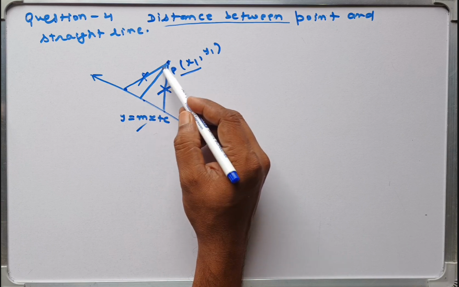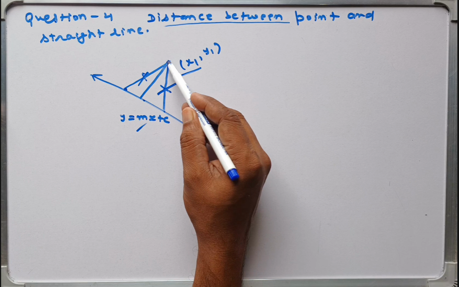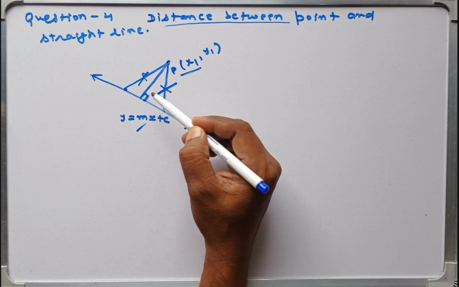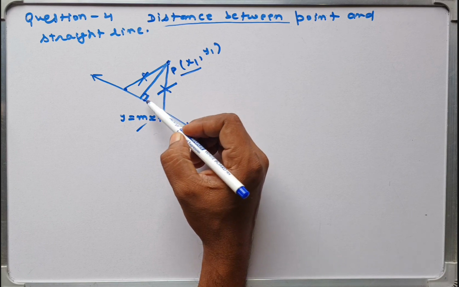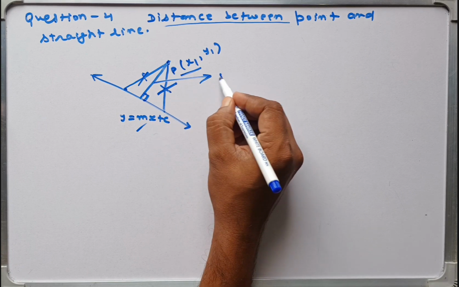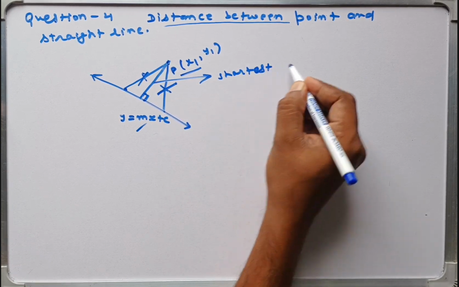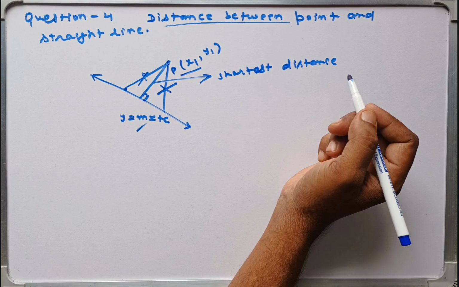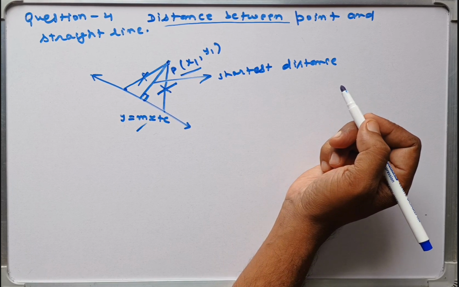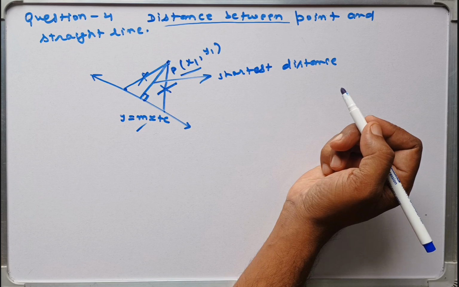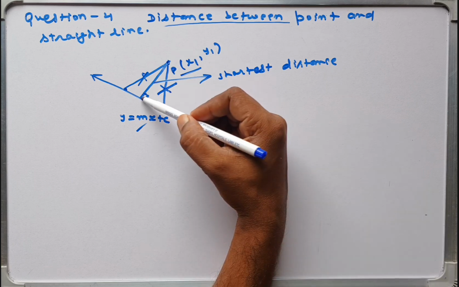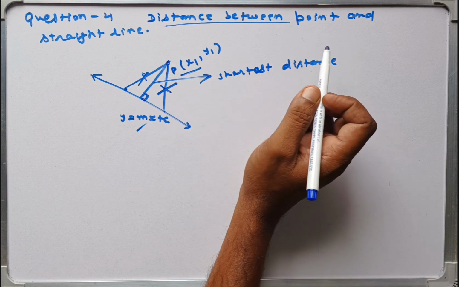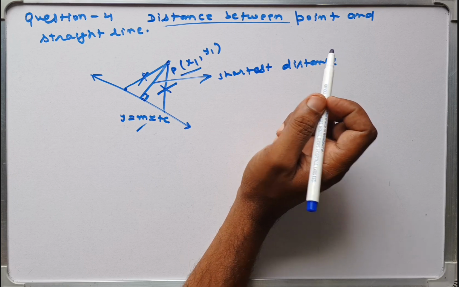You can see when a line which is perpendicular to this one makes an angle of 90 degrees, then it is the shortest distance. So guys, whenever a question asks you what is the distance between a point and a straight line, it is the perpendicular distance between the line and the point. Okay, now see a question here.